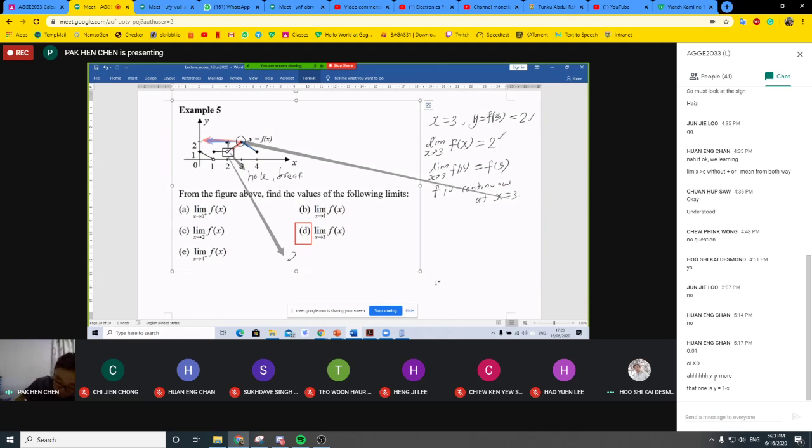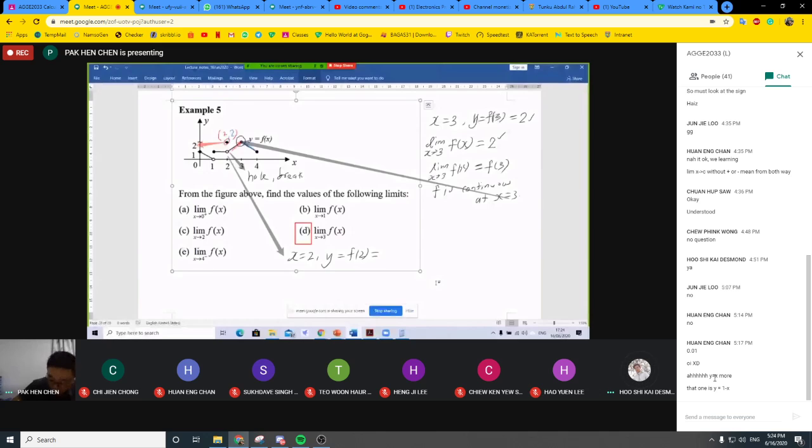When x equal to 2, the y equals to f(2), which is what value? How to read this coordinate? 2, isn't it? That means your y is actually 2. The y is 2, meaning when x equal to 2, the y is 2, correct or not?